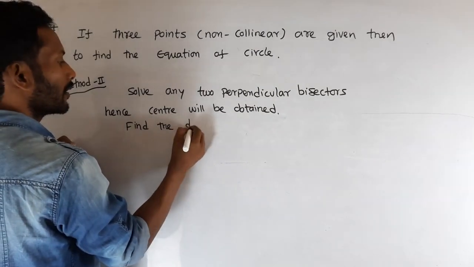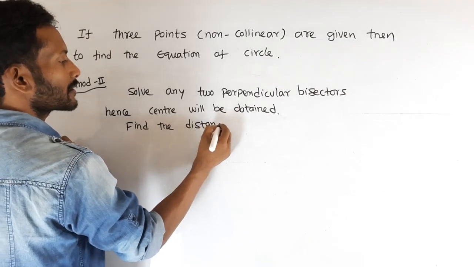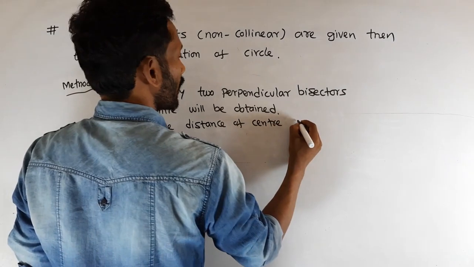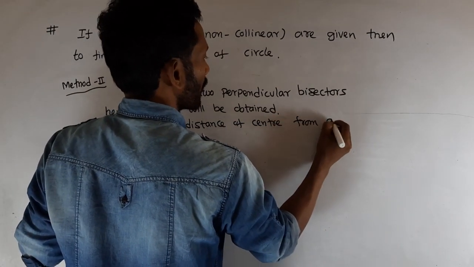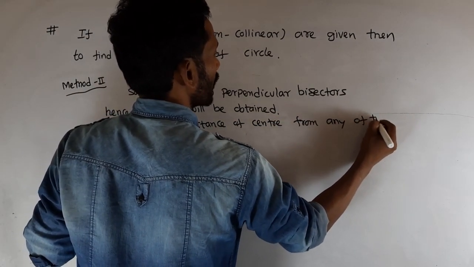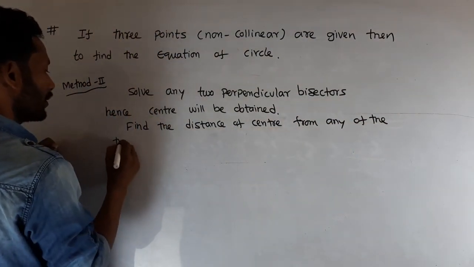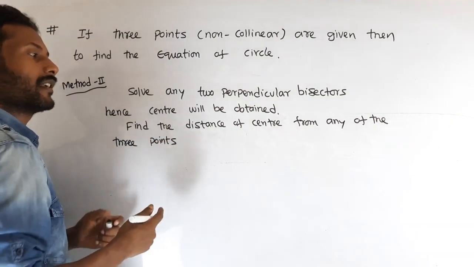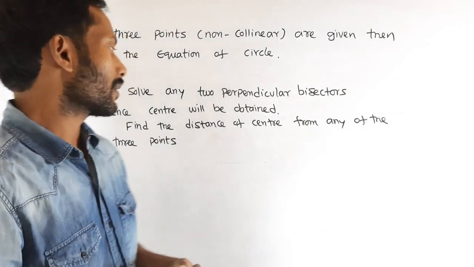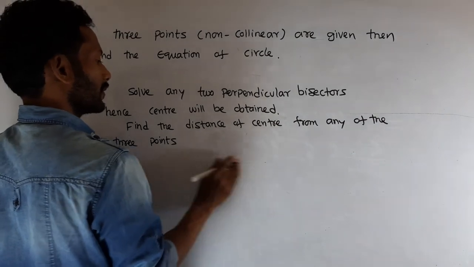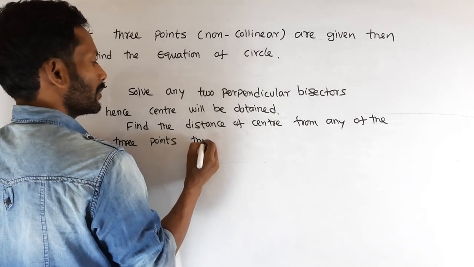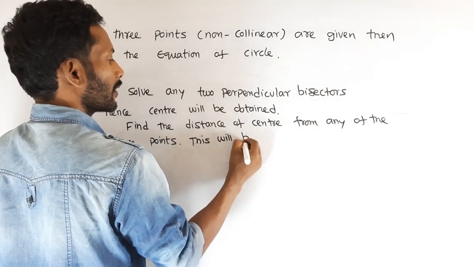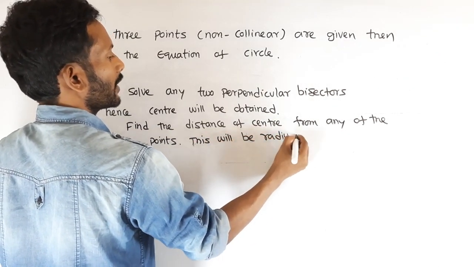Find the distance of the center from any of the 3 points. This will be the radius.